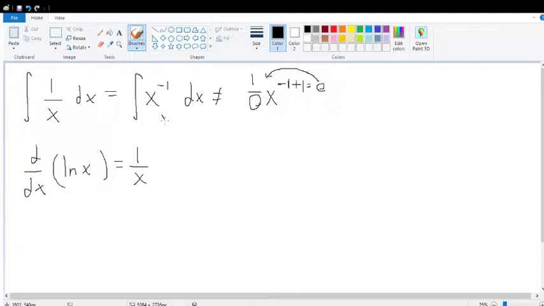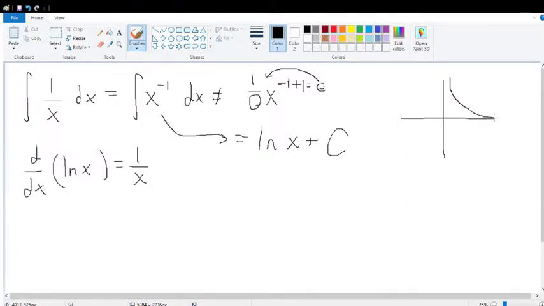So then this integral should be equal to ln x plus c. Well, this is only half right. We know that, let me just draw a mini plane here. We know that the function 1 over x is defined on both sides, on the negative and the positive side, right?